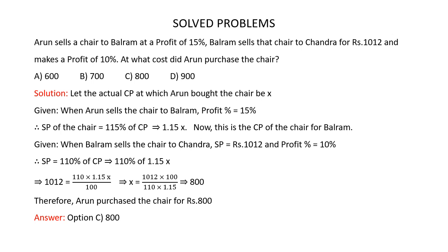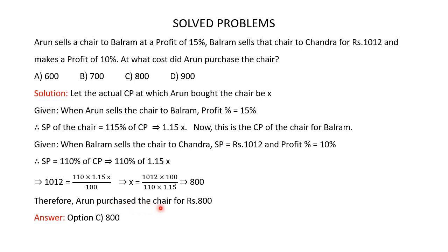This means 1012 is equal to 110% of 1.15x. That is 1012 is equal to 110 multiplied by 1.15x divided by 100. On solving this, we get x is equal to 800.